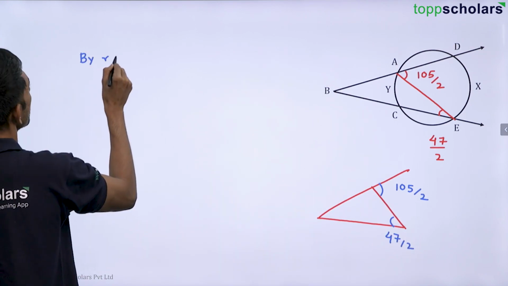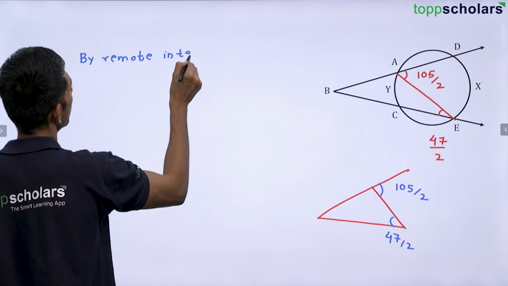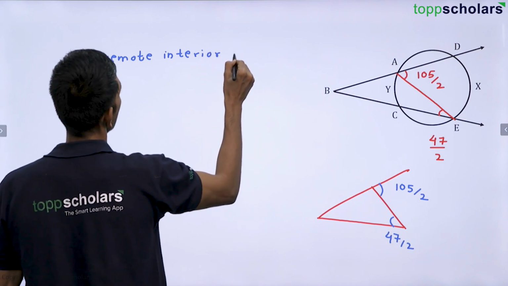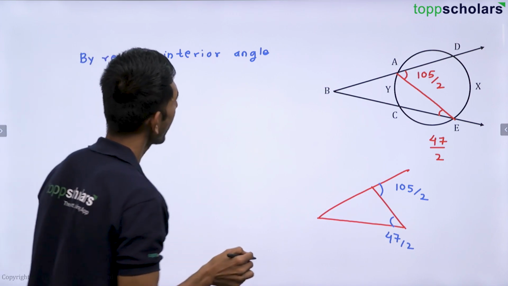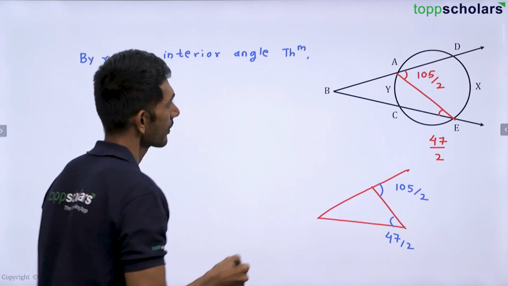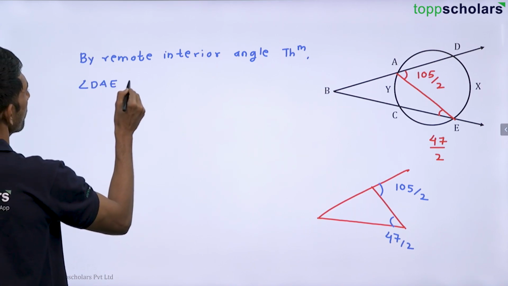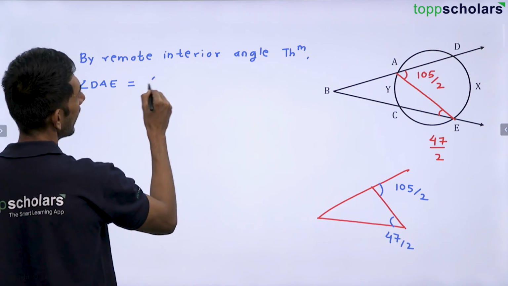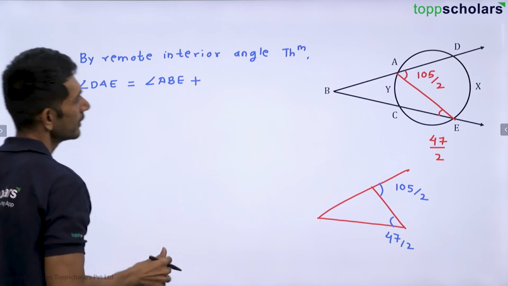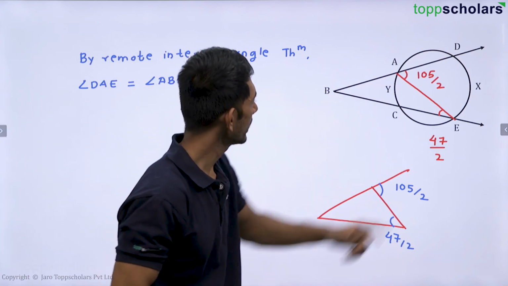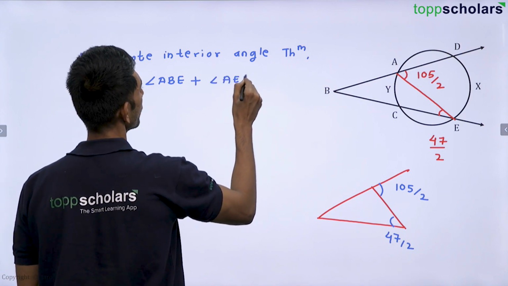So now we can say that by remote interior angle, angle DAE is equal to angle ABE plus angle AEB, correct?